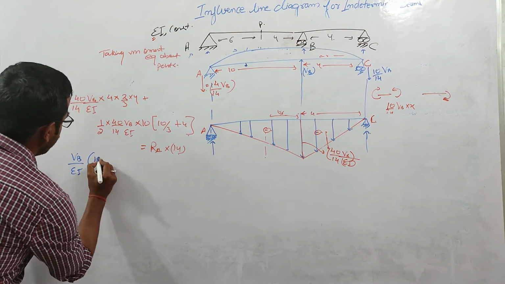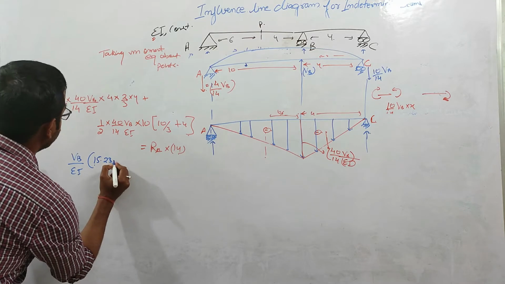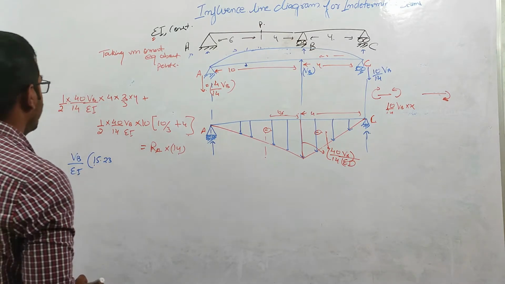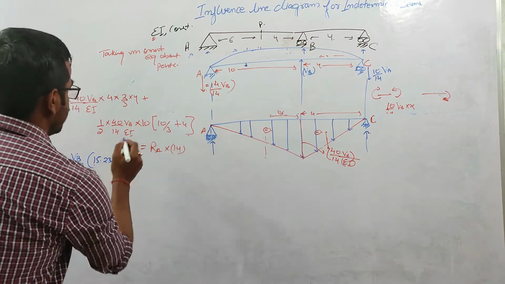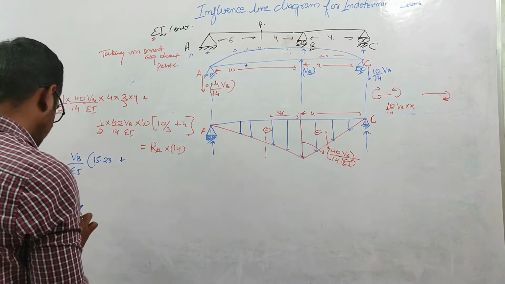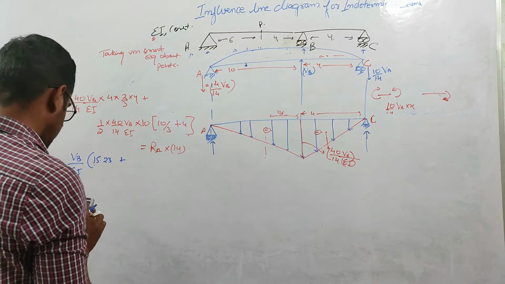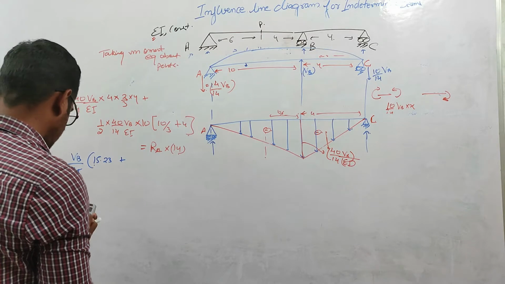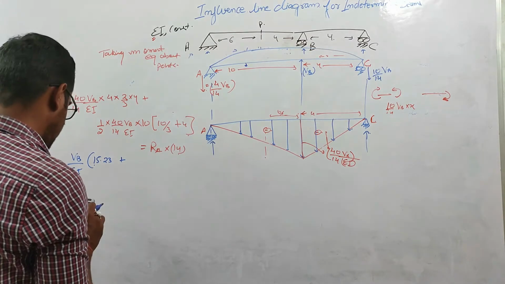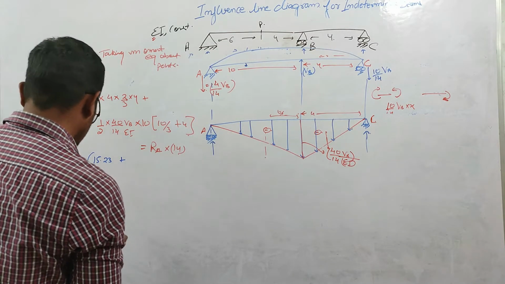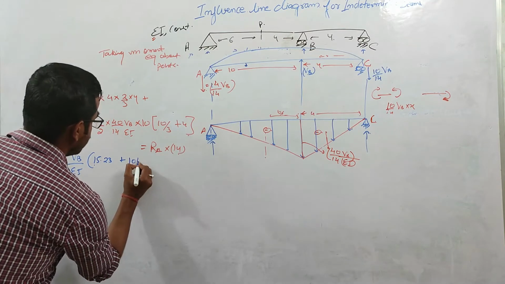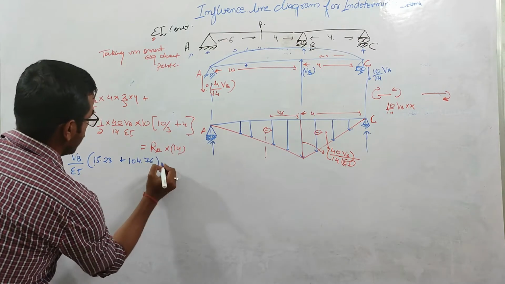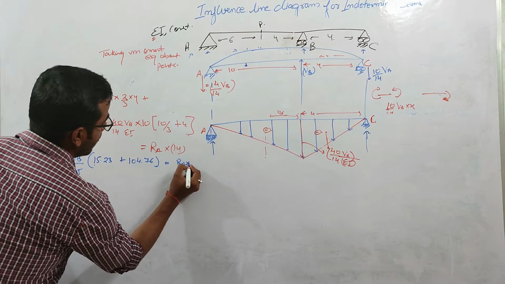So this thing is becoming 15 over 2 by 3, 15.23. This expression plus this value is 104.76. And this is nothing but equal to RA into 14.